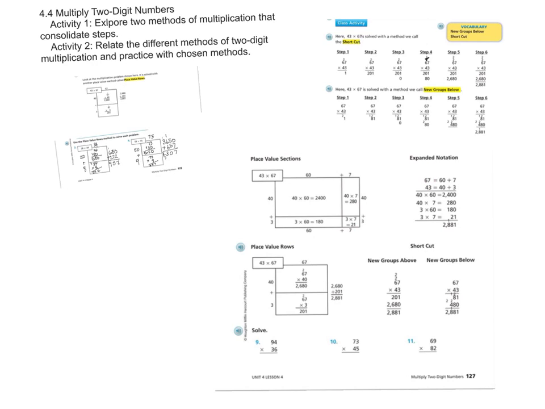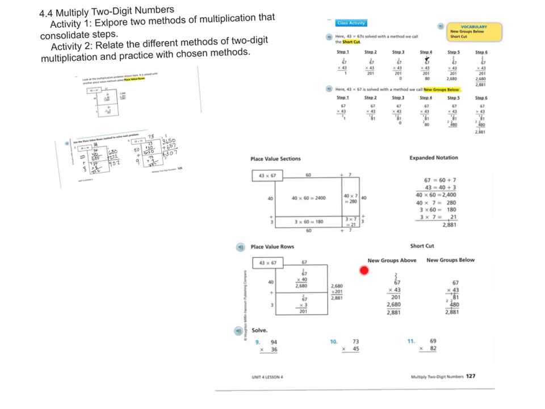Then you do the tens and the tens, the 10 and the 1 and the 10, and then the ones. And you add everything up. Now, the big difference between place value sections and place value rows is you're only doing two multiplication problems as opposed to the 4 that you did here.